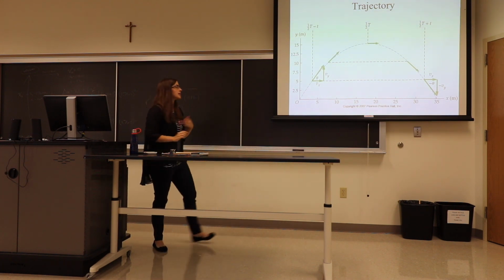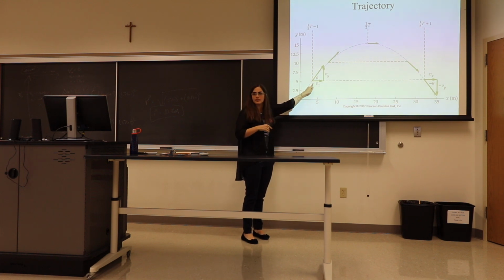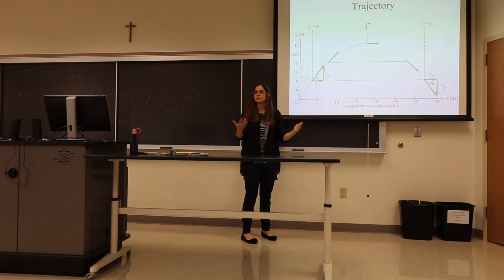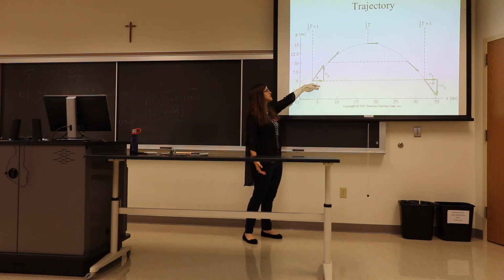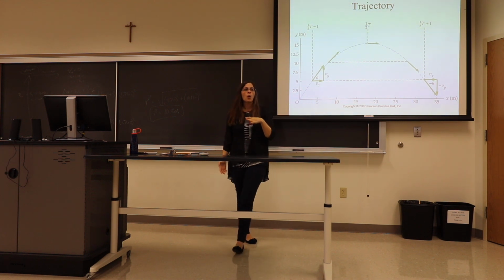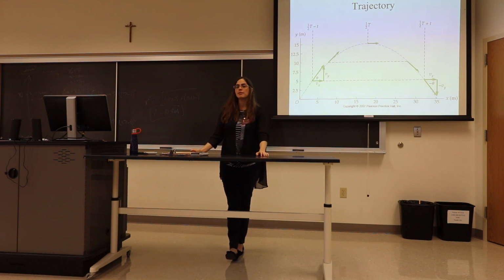And we can do things like thinking about what is the velocity at this point, right? And so I could give you the velocity is 5 meters per second at an angle of 60 degrees counterclockwise from the positive x-axis. And then I could ask a question like, what are the x and y components of the velocity, right? Or maybe I'm giving you a problem, kind of like what you saw in the homework.